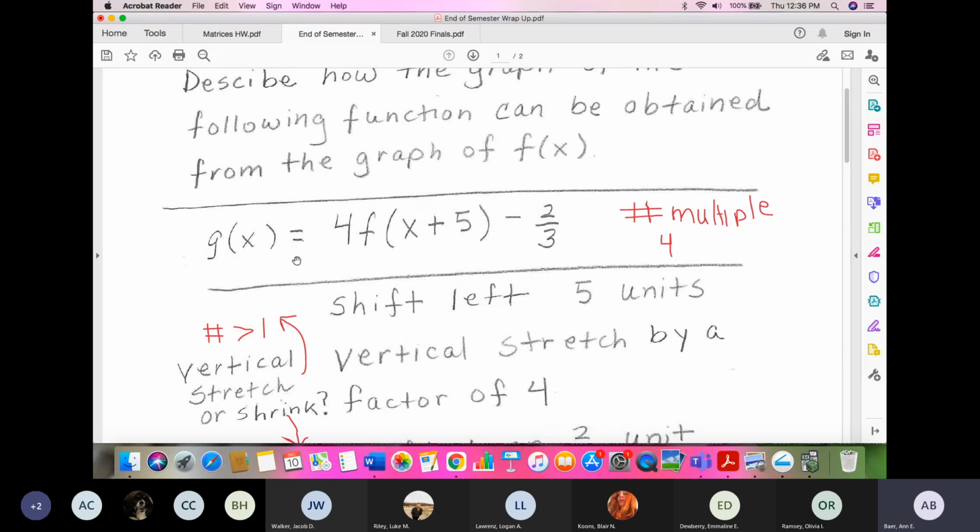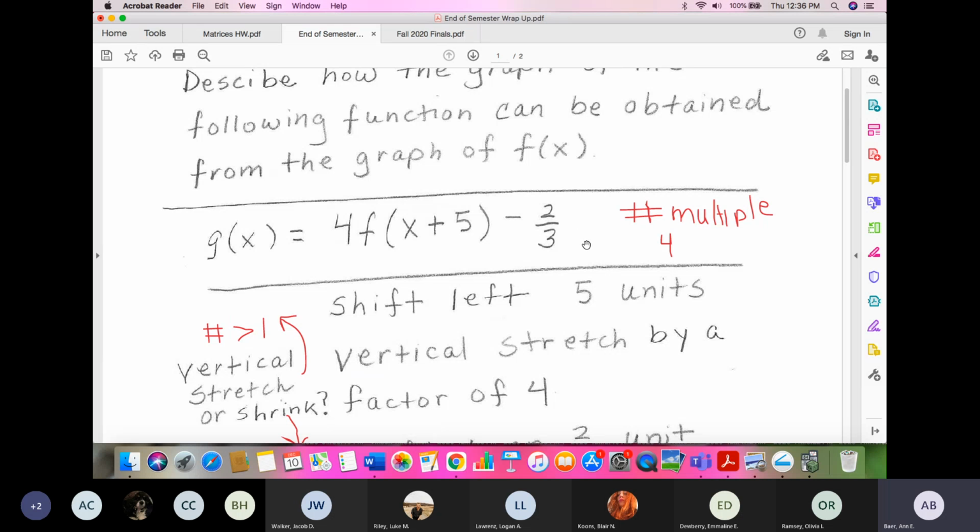Let's take our function f of x, and we want to create a new function, g of x. To get the graph of our new function, we want to start with f of x and ask how we get the graph of g of x, where g of x is written out like this: 4 times f of x plus 5 minus 2/3.